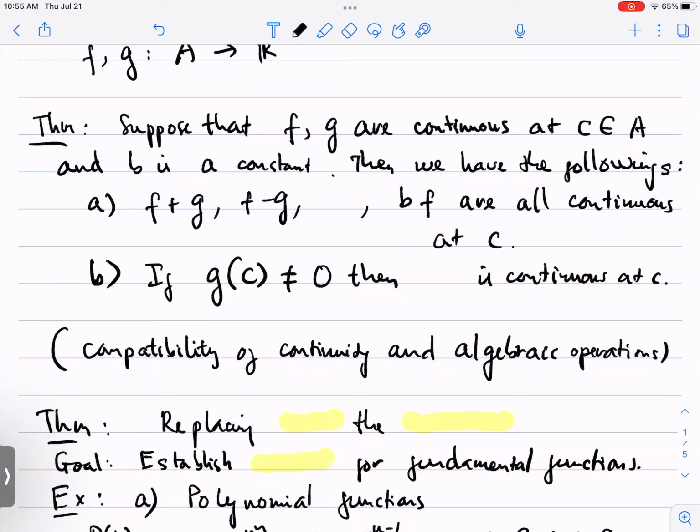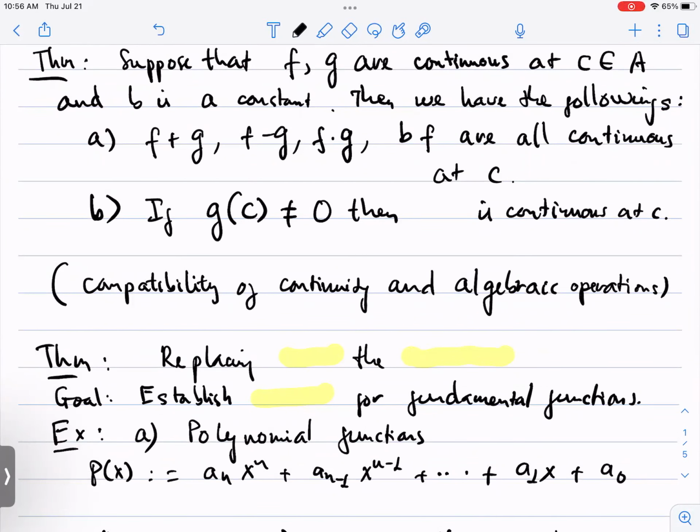The function f plus g, the function f minus g, the function f multiplied with g, the function b times f, they are all continuous at c. So the algebraic combinations of these two functions f and g are all continuous at c if f and g are continuous at c.